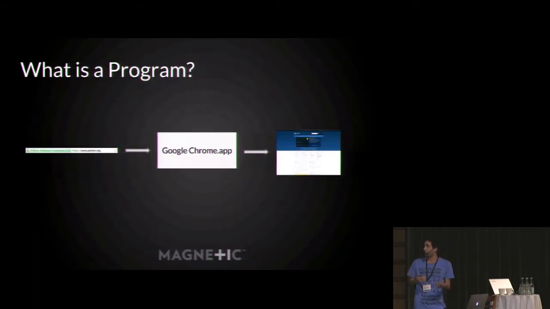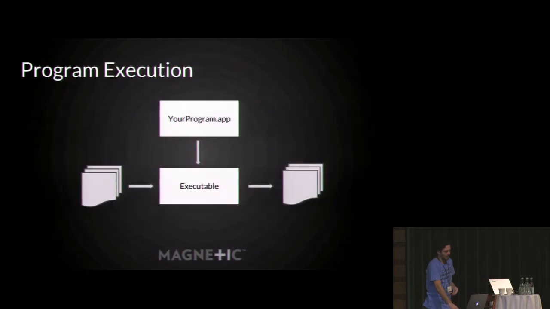So maybe your program is Google Chrome.app, and maybe your input is an address bar, which is too small to see, I hope. You type some stuff into the address bar, and then out pops some output from the program, which is a rendered python.org homepage. And every program conforms to this sort of model, whatever the input actually happens to be, whatever the computation in the middle, and whatever the output happens to be.